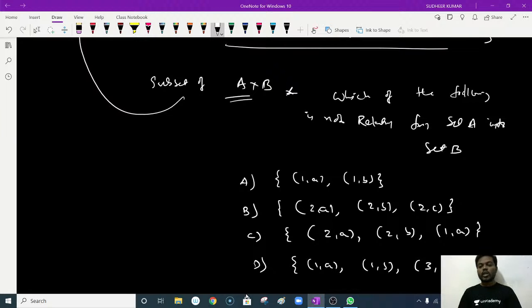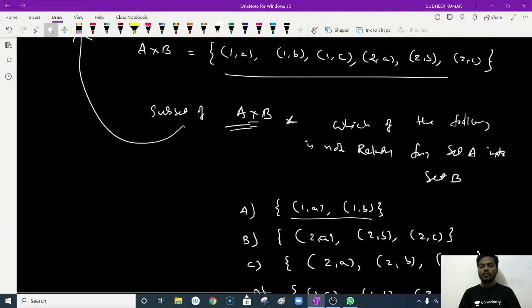So which of the following is the correct answer? Can you guess it? If you see that, a subset, in the sense, means that if all the elements of the given set exist in the other set, the given set A cross B, then we will say that it is a subset of the given set. So 1a, 1b exist. So option A is a subset of A cross B, so it is a relation.